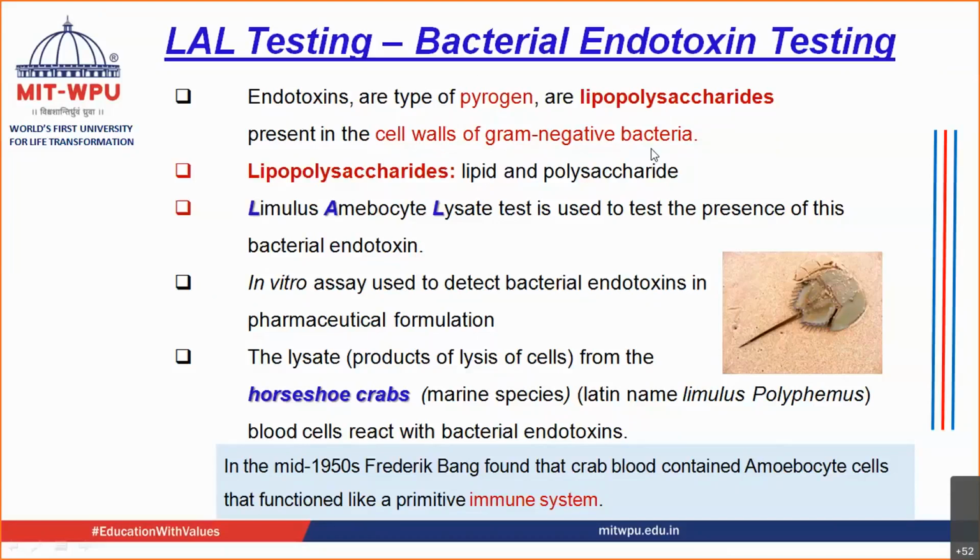Hence, when these gram-negative bacteria containing lipopolysaccharides, which are nothing but endotoxins, come in contact with your blood, there is a rise in temperature. Hence, we call them pyrogens.